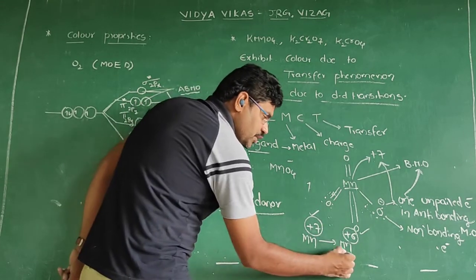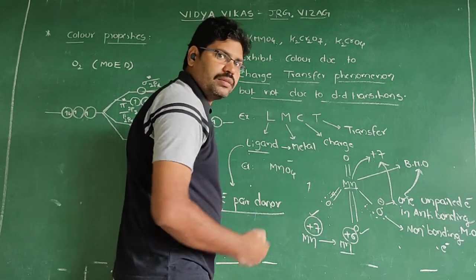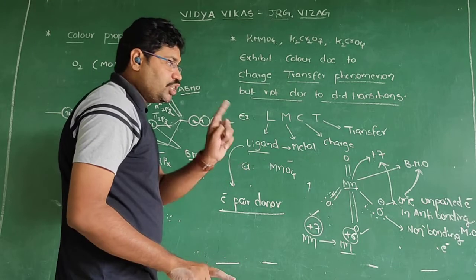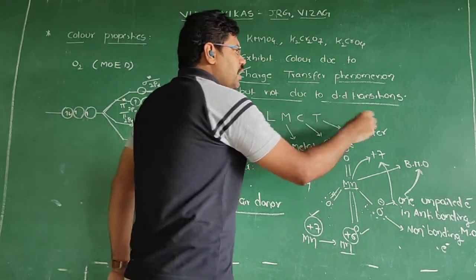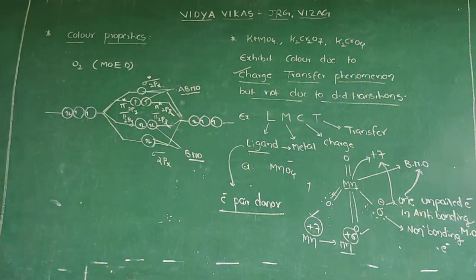After Mn +6 we have one unpaired electron, which is responsible for exhibiting color. So the purple color of KMnO4 is mainly due to the charge transfer phenomenon, but not at all d-d transitions, dear students. Most important one from the examination point of view, keep in mind.